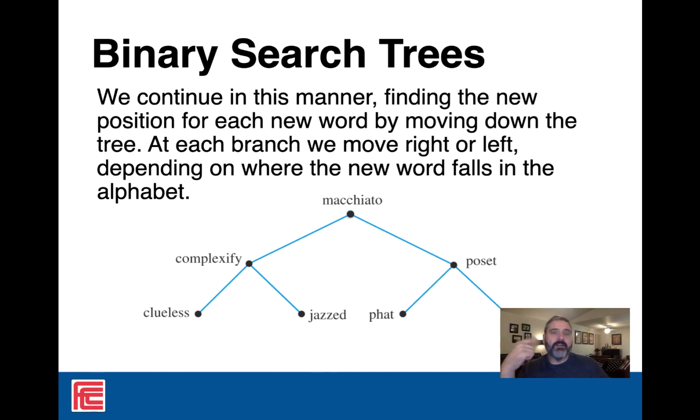And in fact, if every single word that you get comes earlier in the dictionary, then you're always going to get just left children, all the way down, which means that any search on this binary search tree is actually going to be a linear search, right? You're not going to get any time savings. The more balanced your binary search tree, the more efficient that search tree is going to be, which means that at some point you're going to want to optimize and possibly reconfigure the tree to balance it out.